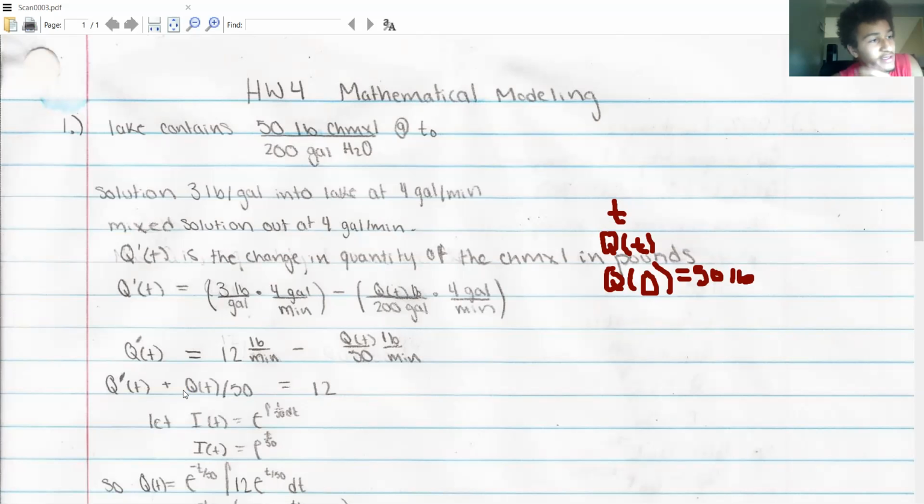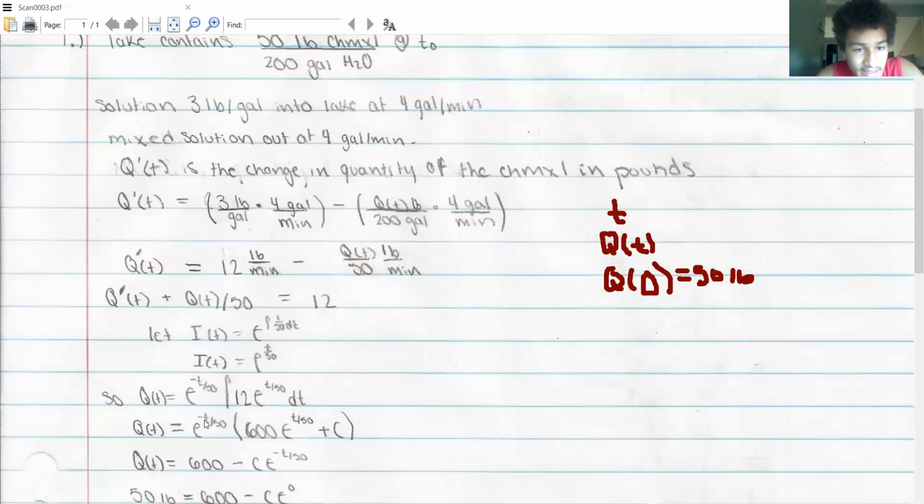Okay, so now we can use the integrating factor method because we know that this is a linear differential equation. So we'll let I of t be equal to e to the integral of 1 over 50 dt. This will give us I of t equal to e to the t over 50.